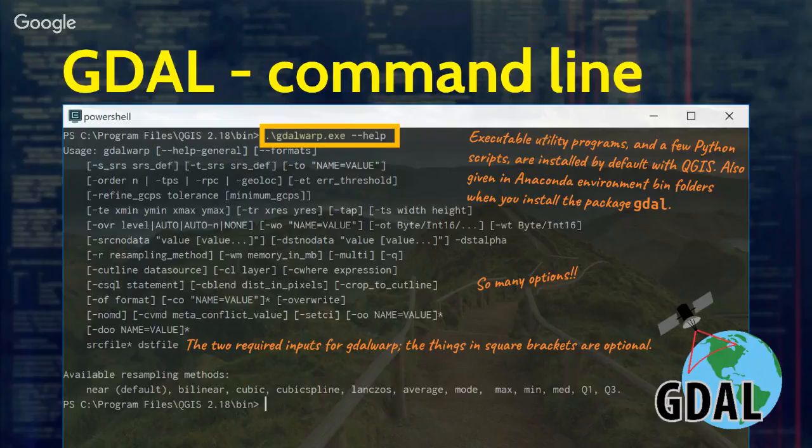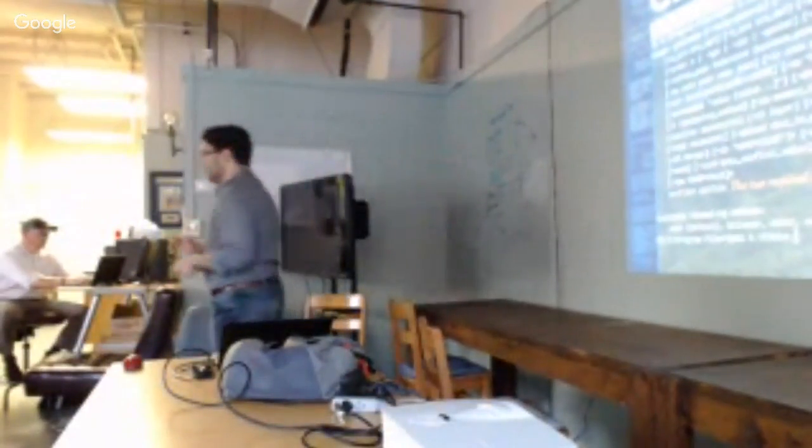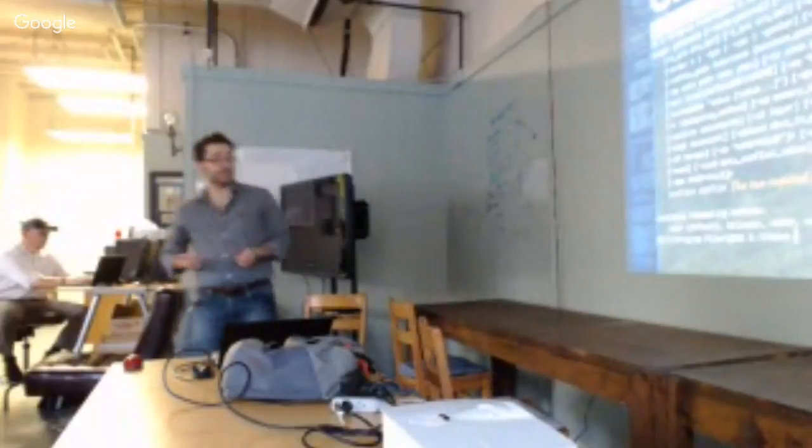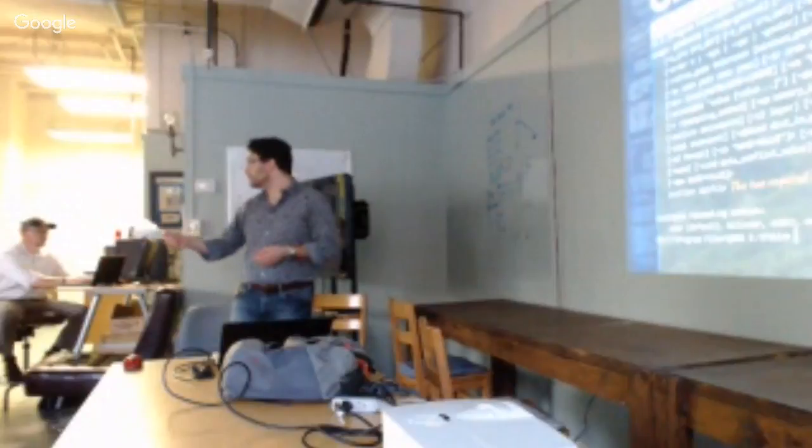All those things are arguments, and you can give a program arguments when you run it from a command line. If you haven't done that before, that's how we use these GDAL executables. We use them on the command line, we hand them whatever arguments are necessary, it does its job, shows us nothing, saves it to disk, and we're done.